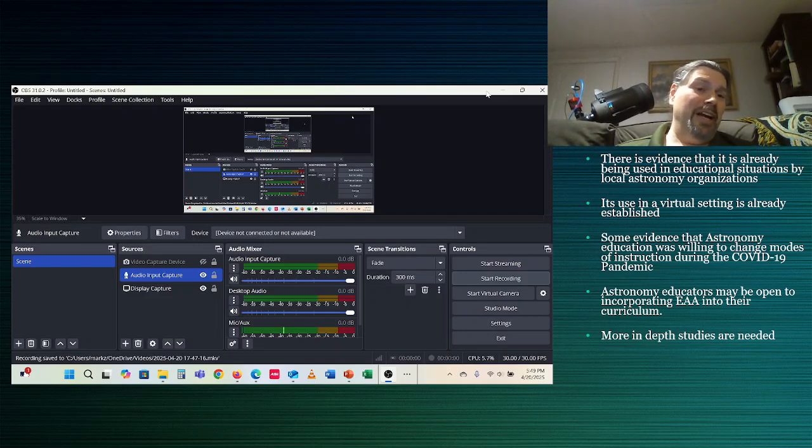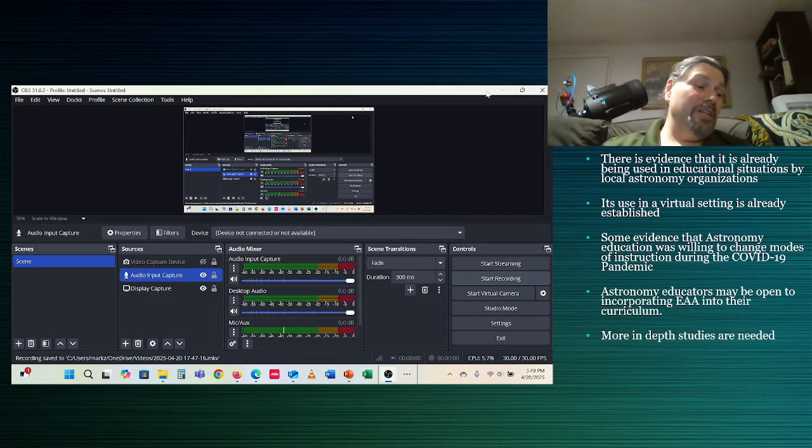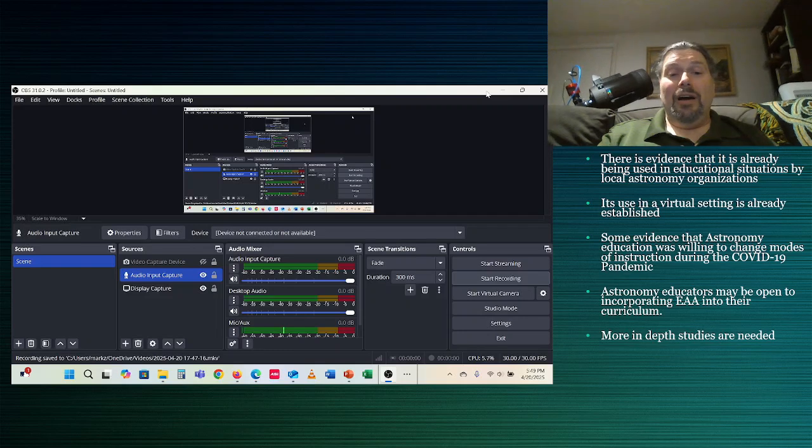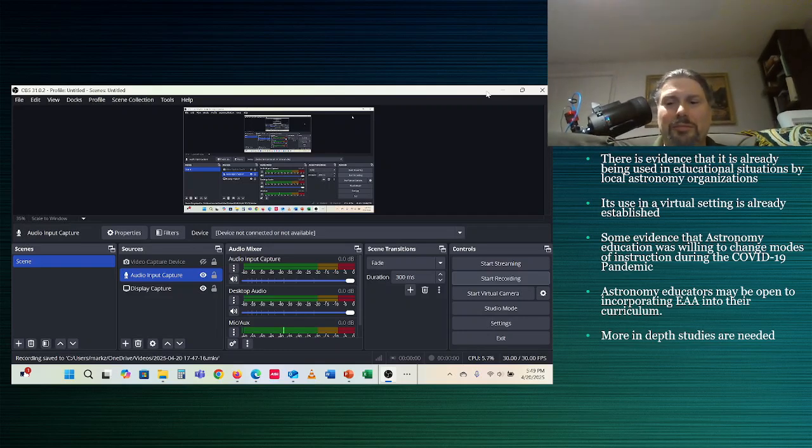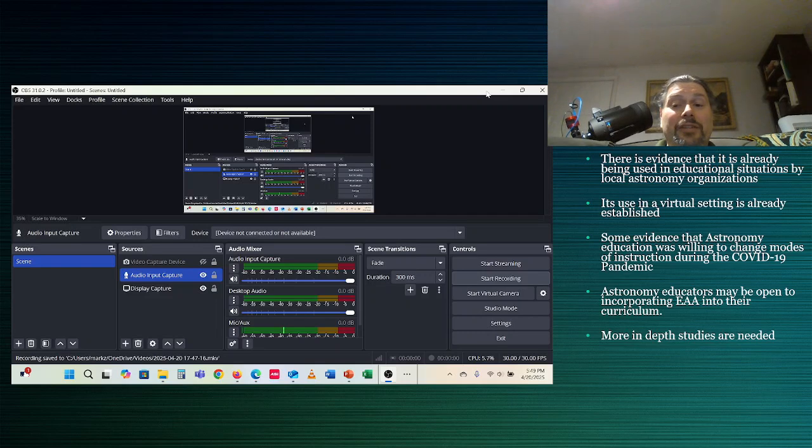Light pollution is kind of forcing things in this electronic direction, especially around heavily populated areas. And we're hoping that astronomy educators may be open to incorporating it into their curriculum. And so once again, more of these in-depth studies are going to be needed to really know for sure, like the two we mentioned in the last slide.